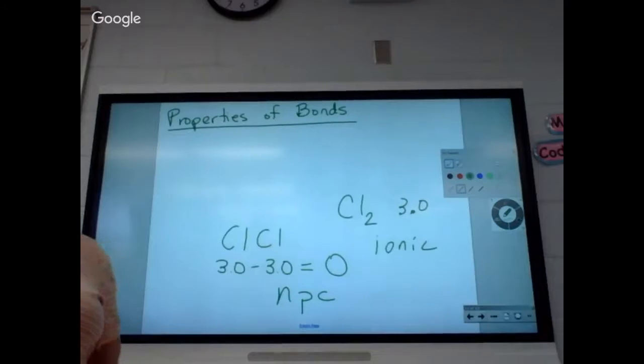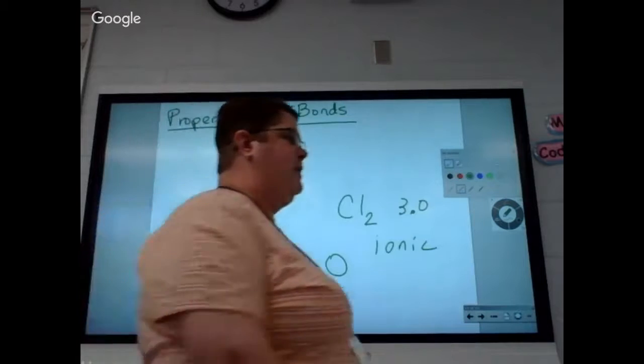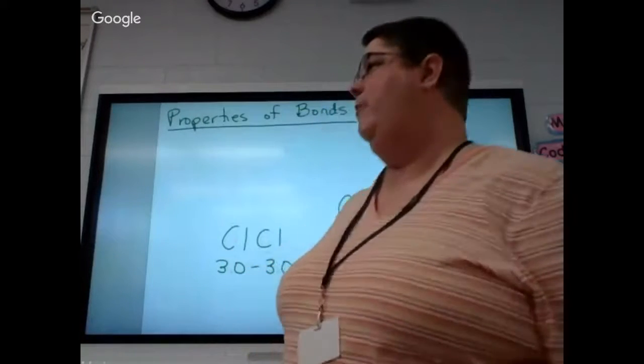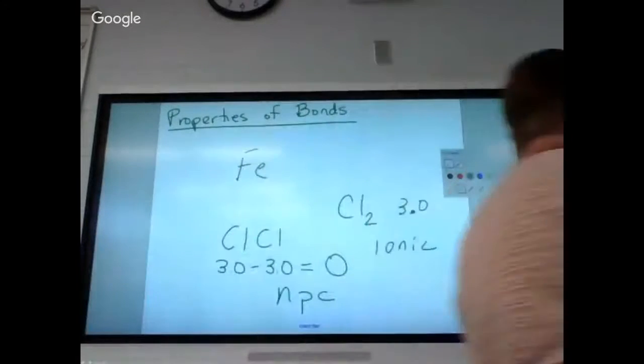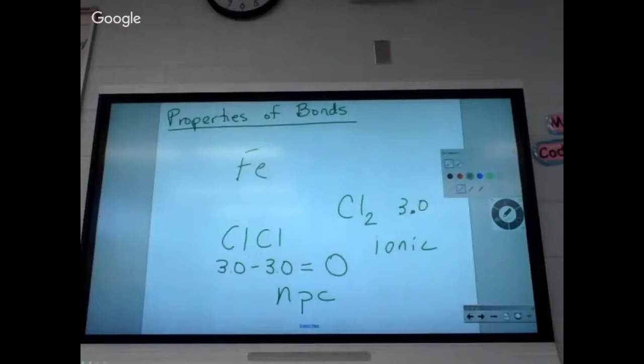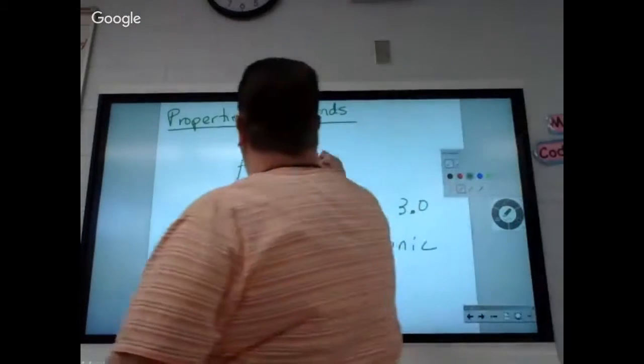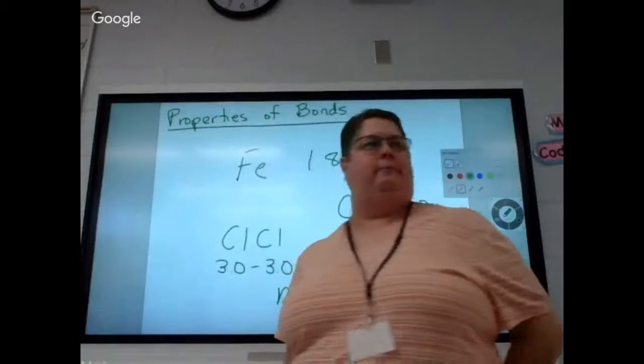What type of bond did I tell you you couldn't put in the list of increasing covalent or increasing ionic character? Metallic. Okay? So when you got to whatever the metal was, and I don't remember what metal I had, let's just say it was iron, because I have no idea which one I used. If you look up iron, and it was 1.8, what do you suppose people put for that one?